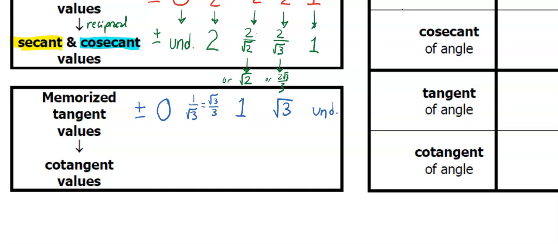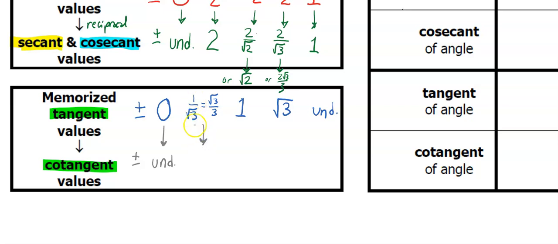But this is our list of 1, 2, 3, 4, 5 possible results for tangent. Well, if I flip those upside down, I'm going to get all of my cotangent values. Again, maybe positive, maybe negative. The 0, when I flip that upside down, I get kind of infinity, maybe negative infinity. We'll just say undefined.